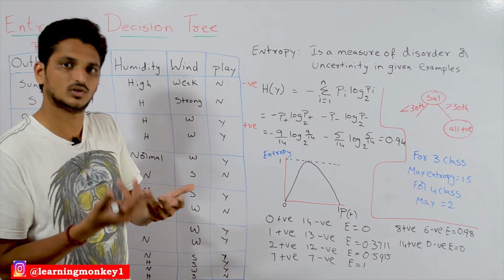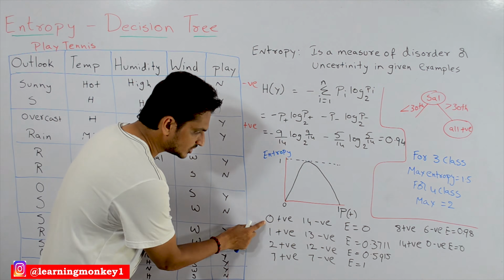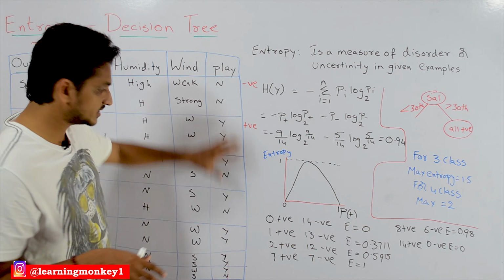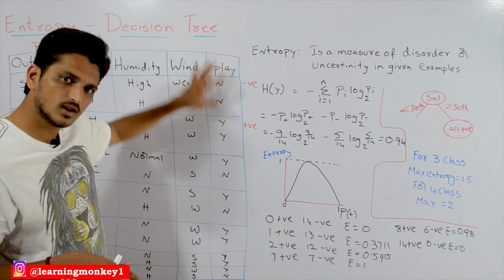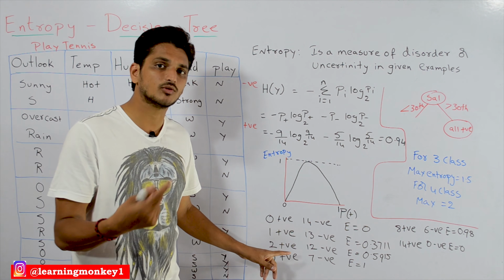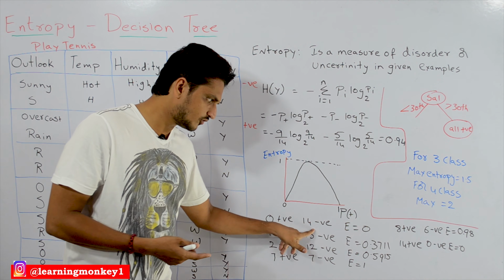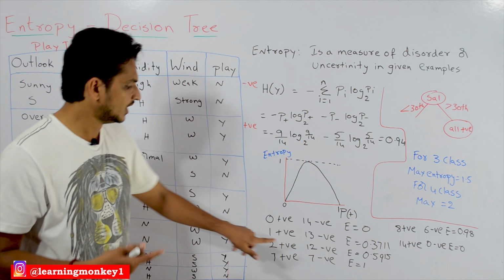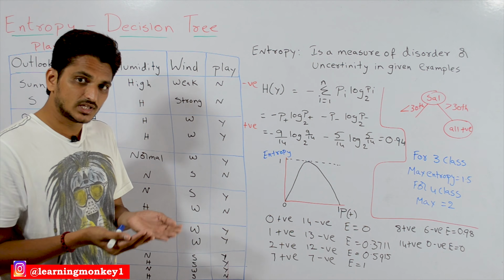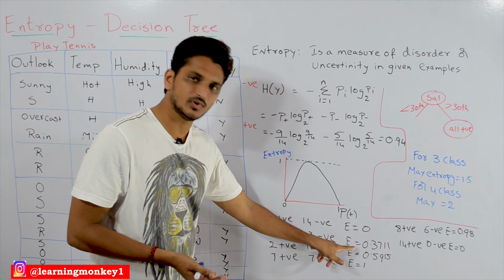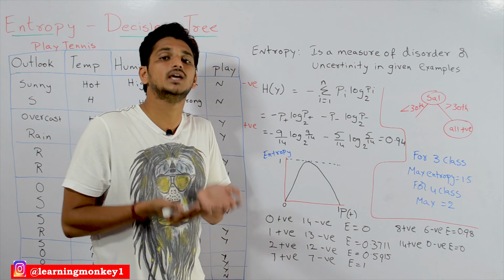Suppose we have 0 positive points and 14 negative points, all negative: the entropy value is equal to 0. With an increase of 1 positive point, that is 1 positive and 13 negative points, the entropy value is also increasing.